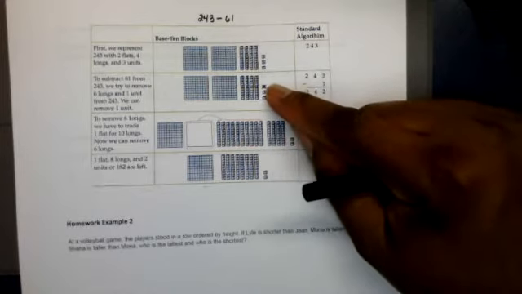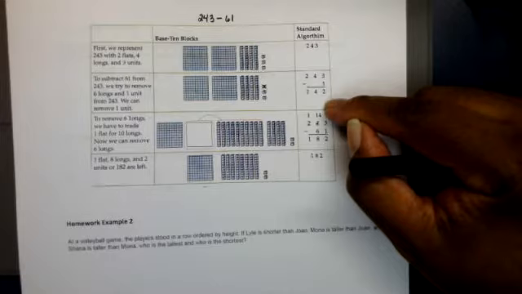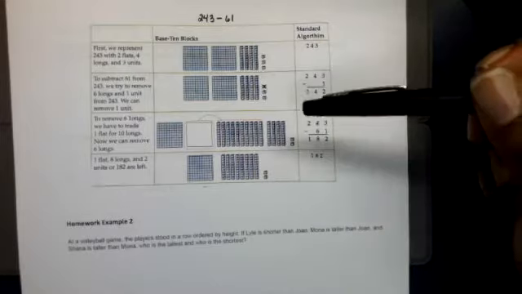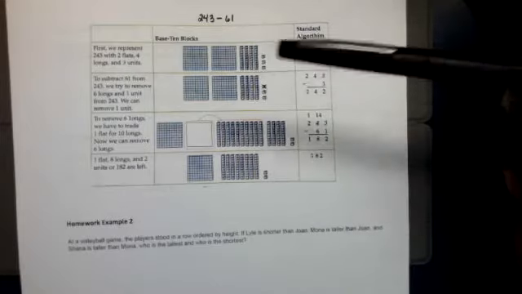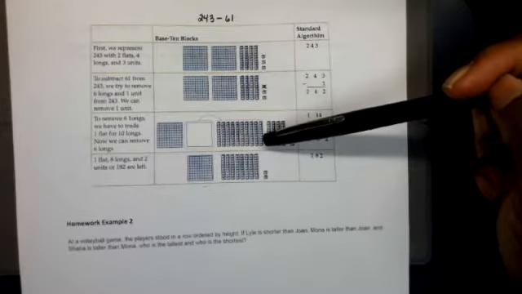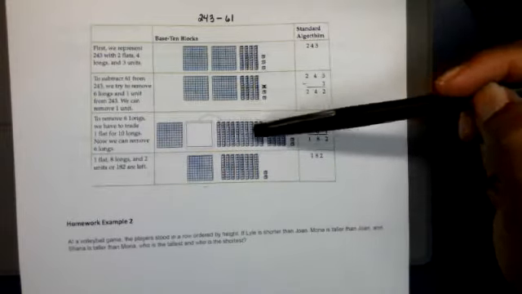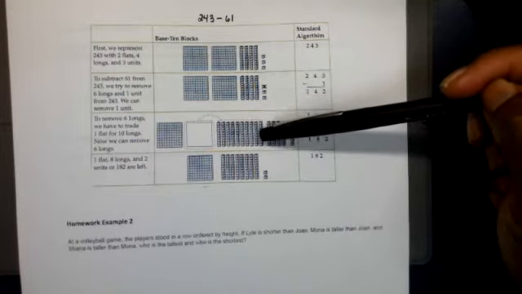So here, one of the unit pieces is X'd out. So 243 minus 1, that's 242. But to remove 6 longs, we're going to have to trade one of the flats for 10 longs. Because 10 longs does equal a flat, we can trade out one of the flats in exchange for 10 longs.